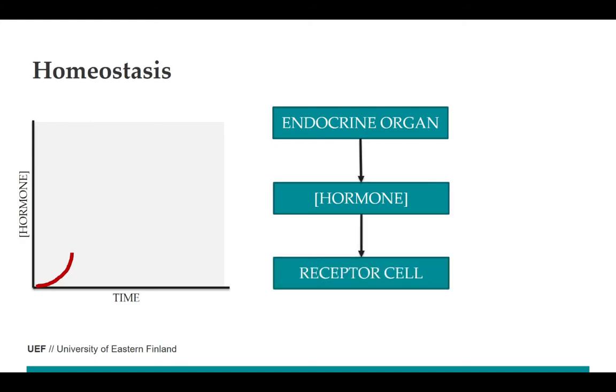And then we have receptor cells, and quite often these receptor cells are releasing something that is causing negative feedback. So the more there is a hormone, the more there are active receptor cells giving this negative feedback, and then there is less hormone secretion from the endocrine organ. And that's why the hormone concentration can be very constant throughout the year.